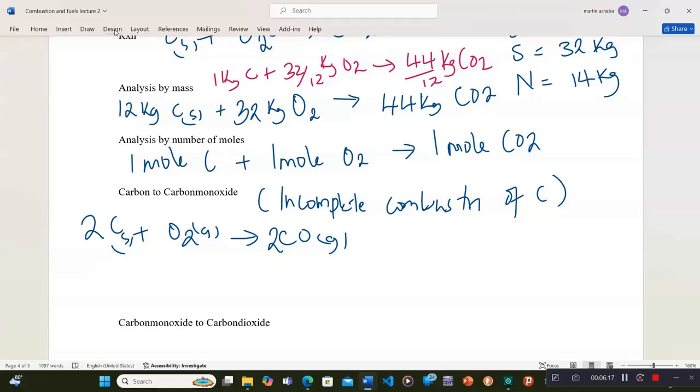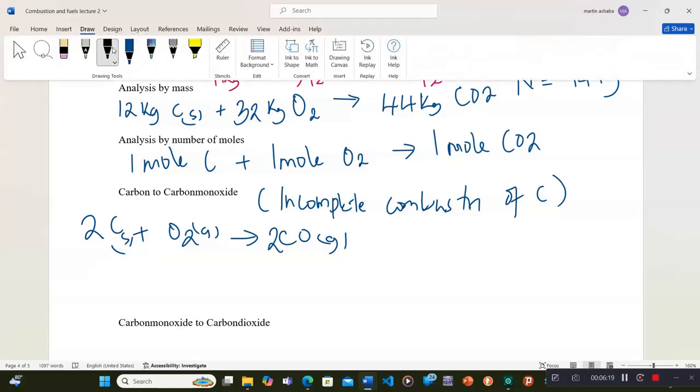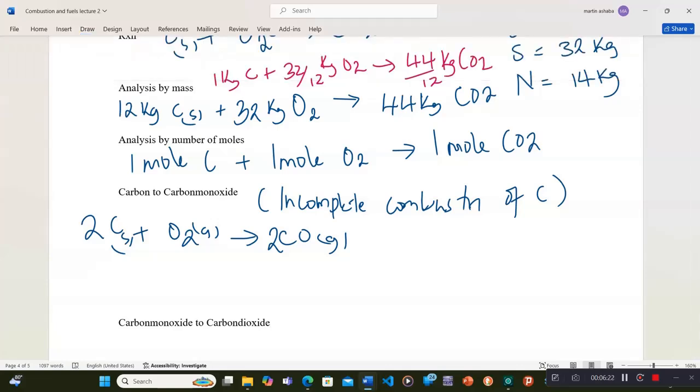So what does that mean? I'll have 2 times 12, that will be 24 kilograms of carbon, plus 32 kilograms of oxygen, giving me, remember carbon is 12 and oxygen here is 16.